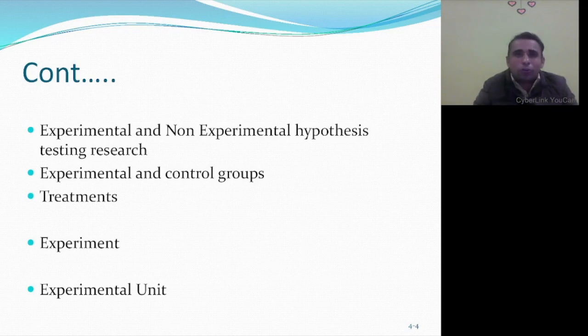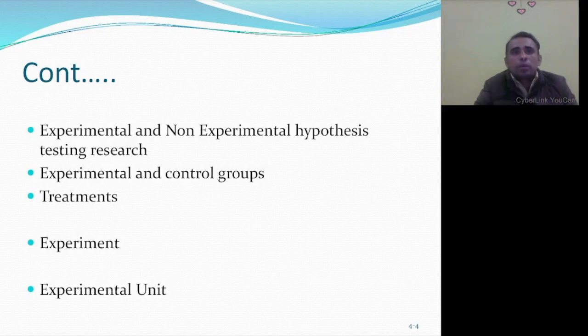At the end of the course, he administers a test to each group in order to judge the effectiveness of the training program on the students' performance level. So this is an example of experimental research, because here we perform an experiment. That's why it is called experimental hypothesis testing research, because in this case the independent variable, the type of training program, is manipulated.